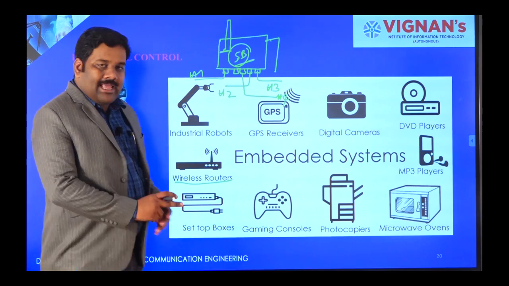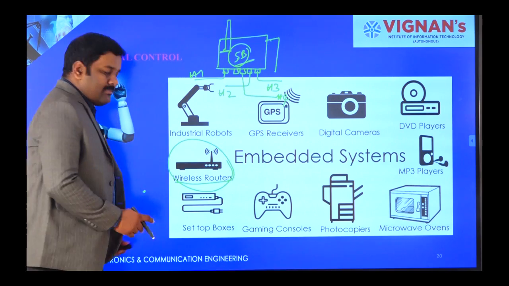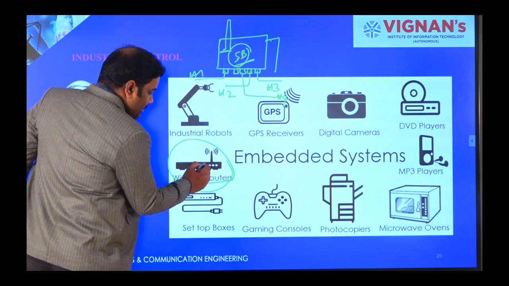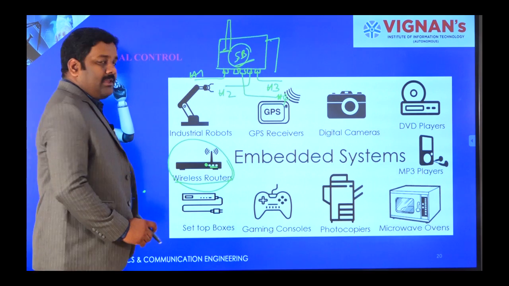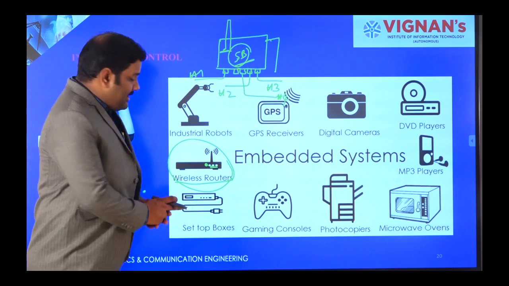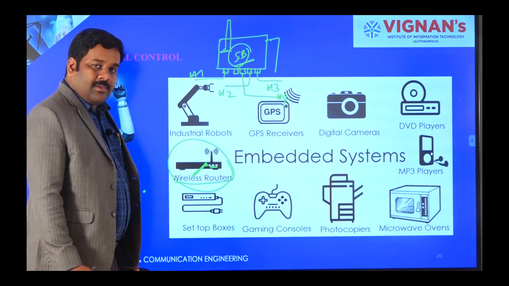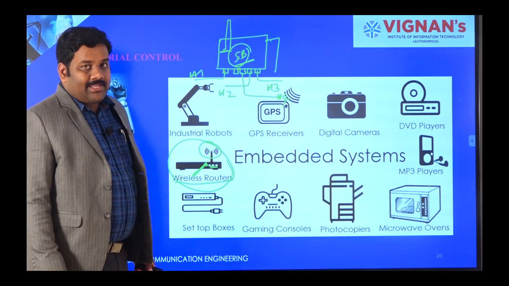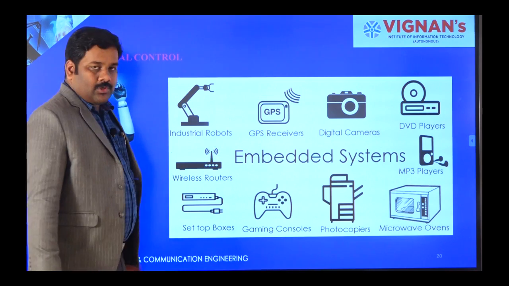Different homes, and every individual home has a wireless router. One cable will come and connect over here, and the remaining 3 give the output from this cable, and this will provide Wi-Fi to your entire house. So this is one of the routers.